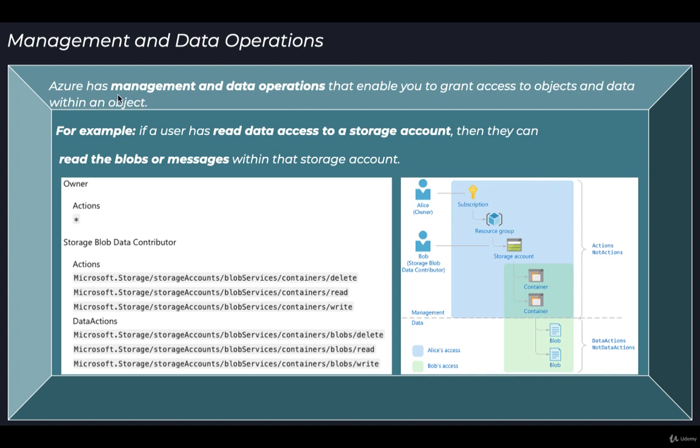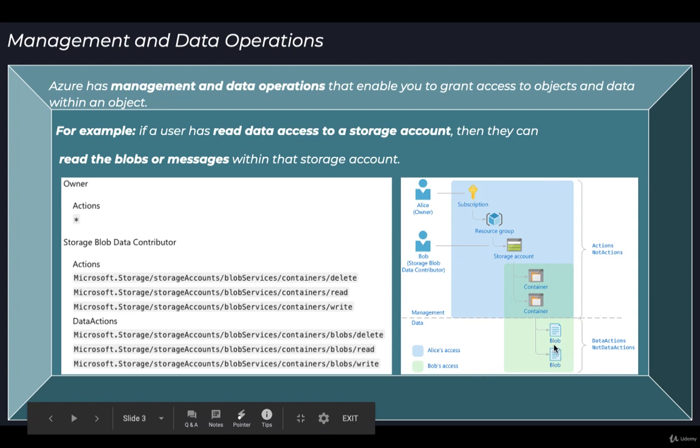For example, if there is a storage account and access is provided just to manage the storage account, not the data within it, then we are talking about the management plane, meaning managing the storage account. Now if we see providing access to blobs within the containers, then we are talking about the data plane, so that is the data operation.